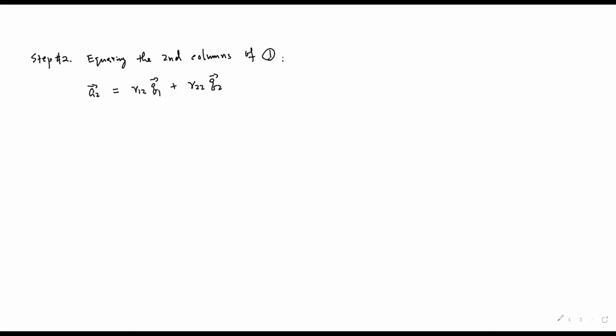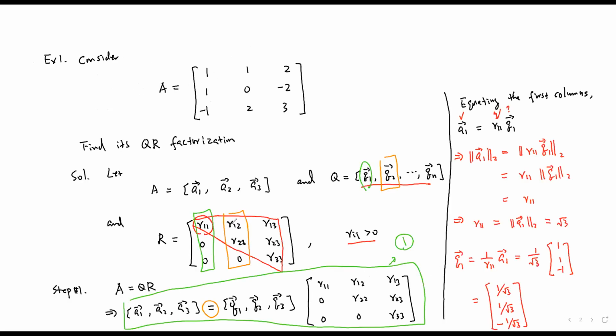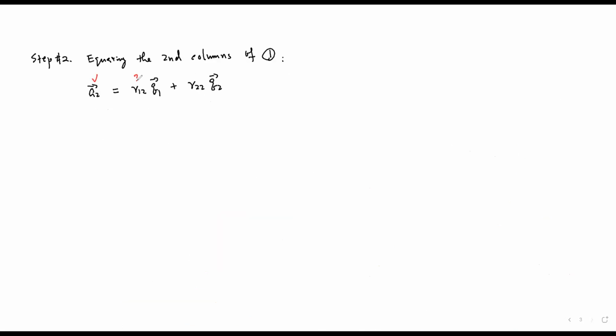Yes, correct. About this equation, what we know: A2, the second column of the matrix A. I'm looking for R12, and also R22. R12, I don't know. Q1, I know from step 1.